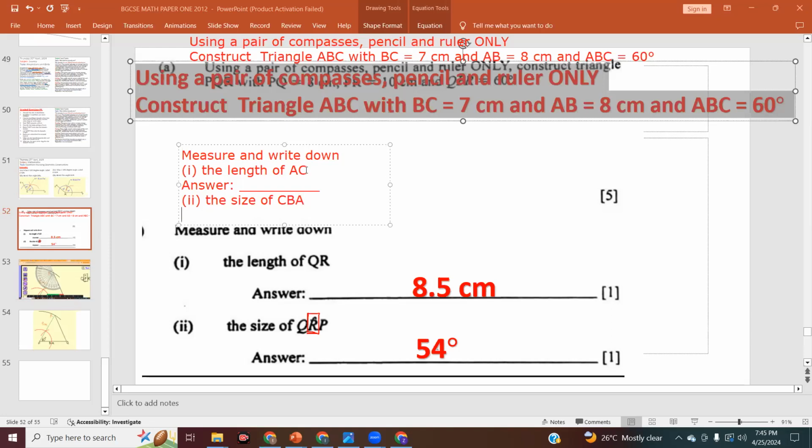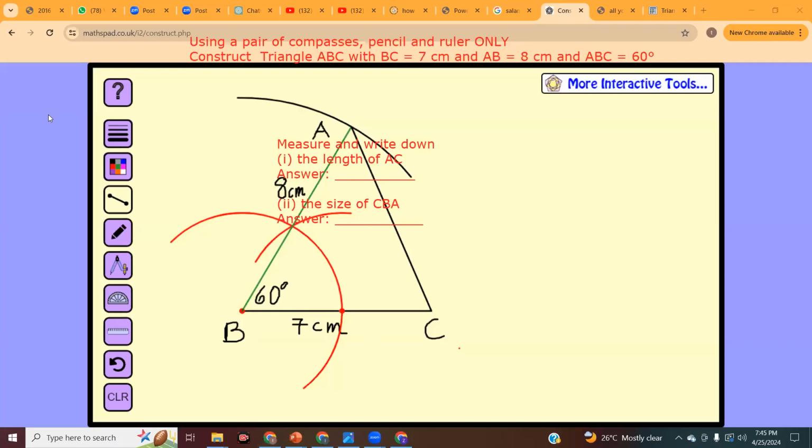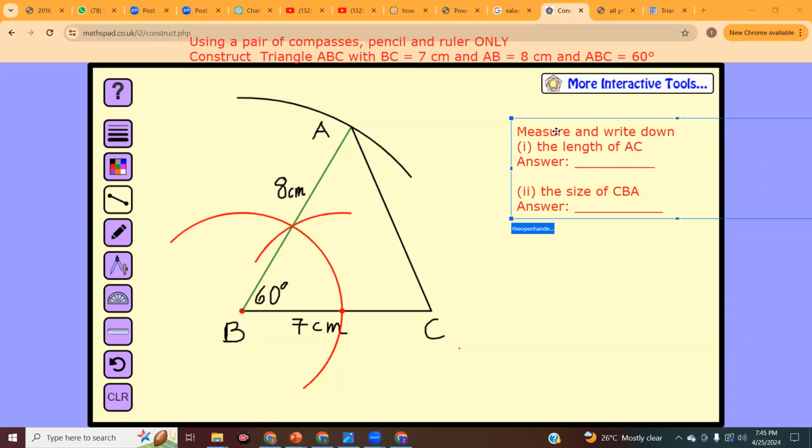Measure and write down the size of CBA, and we have to give the answer for this one. We're measuring and writing down the length AC, and we're measuring and writing down the size of CBA. So let's go on this side. We have to measure and write down the length of AC. What is the length of AC?